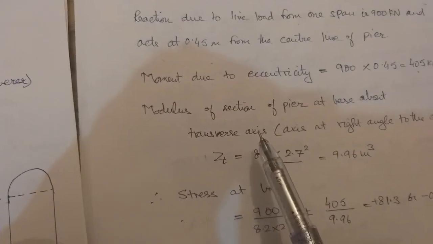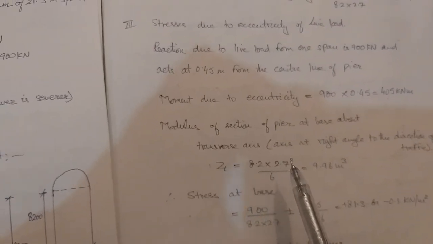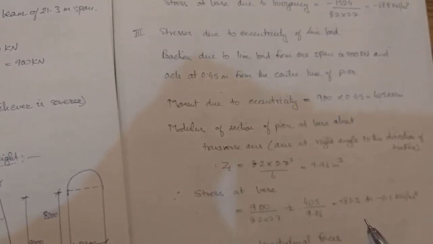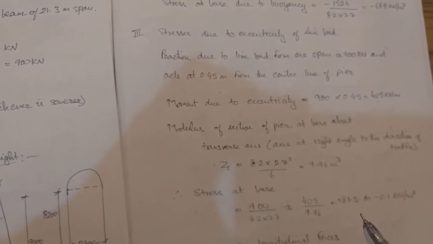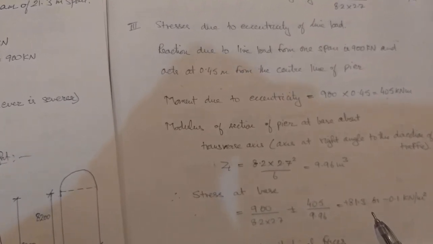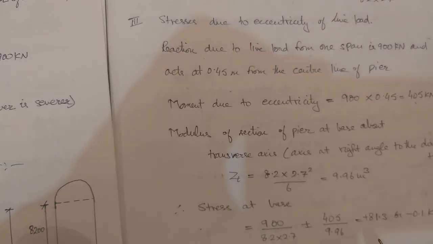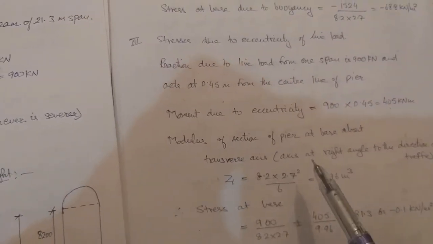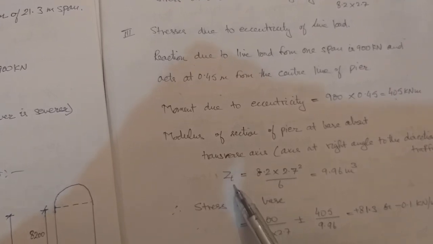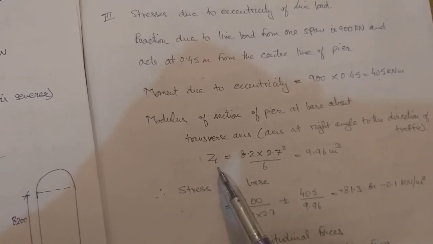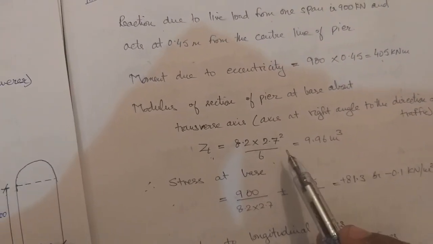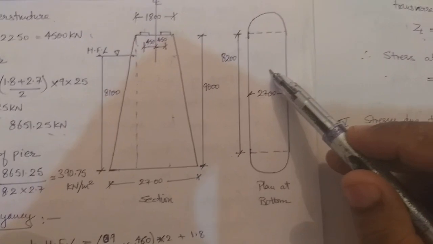Bending equation, I hope you remember. What is that? M by I is equal to F by Y is equal to E by R. When you take the first two terms, that is M by I equals F by Y, you get F as the stress. So stress is equal to M by Z, where I by Y is equal to Z. So I need to calculate the section modulus. The modulus is BD square by 6 and I is BD cube by 12 for a rectangular section.